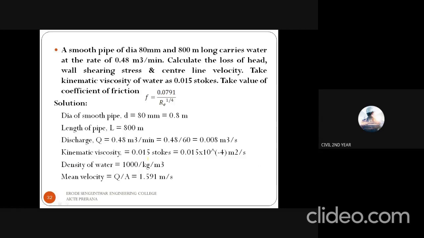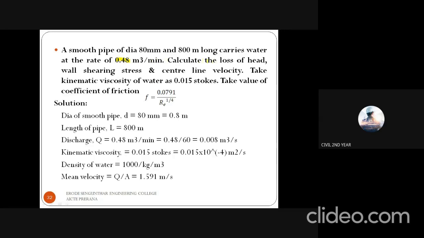So let us solve one problem related to the Darcy-Weisbach equation. Let us read the problem. A smooth pipe of diameter 80 mm and 800 meter long carries water at the rate of 0.48 meter cube per minute.